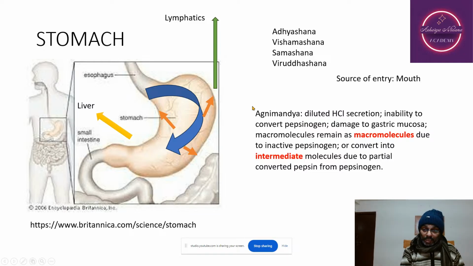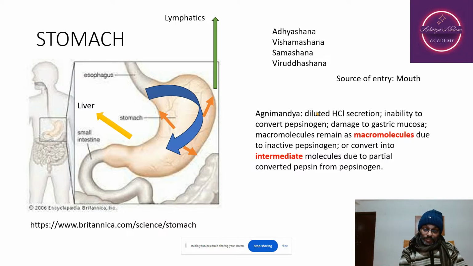And when there is Agni-mandya, three major functions will be at fault. That is dilution of hydrochloric acid and inability to convert pepsinogen into pepsin, which happens only in the presence of hydrochloric acid. Because of this inability, whatever contents are present in the stomach as macromolecules are not in a position to be converted into intermediate molecules or micromolecules.